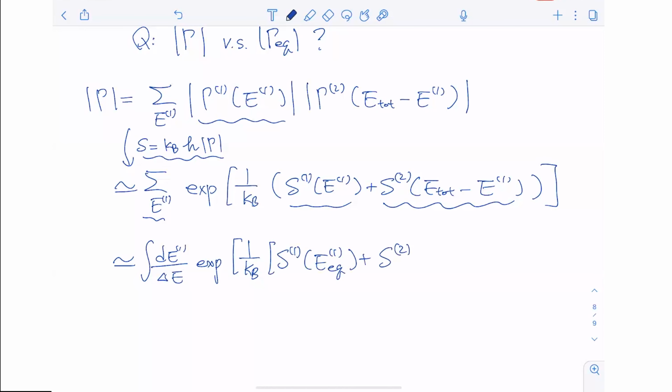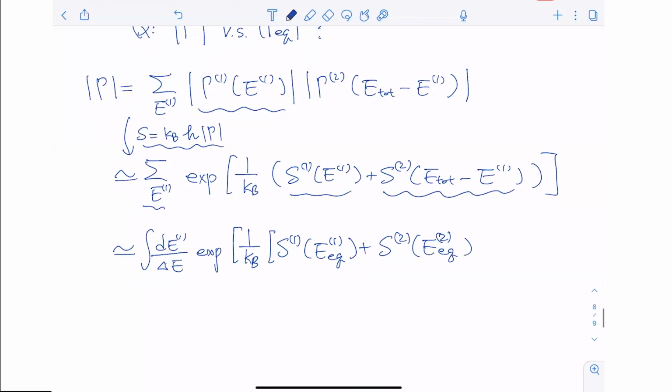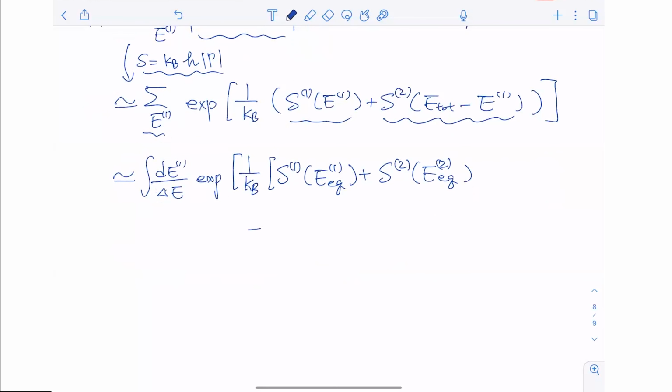So here, once we expand this entropy expression nearby its equilibrium value, that's the leading order. And because at the equilibrium, we know the first derivative of that should be 0.